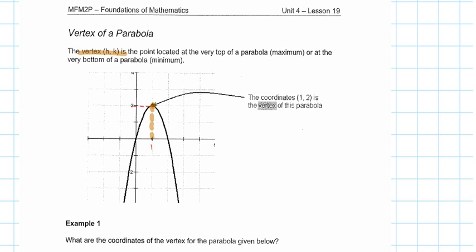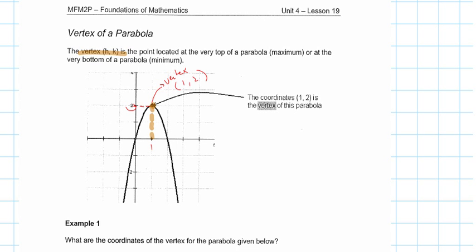So therefore, my vertex is a point, so it must have an x and a y value. The x value is 1, and the y value is 2. So the vertex for this parabola is (1, 2). Are we okay with this?